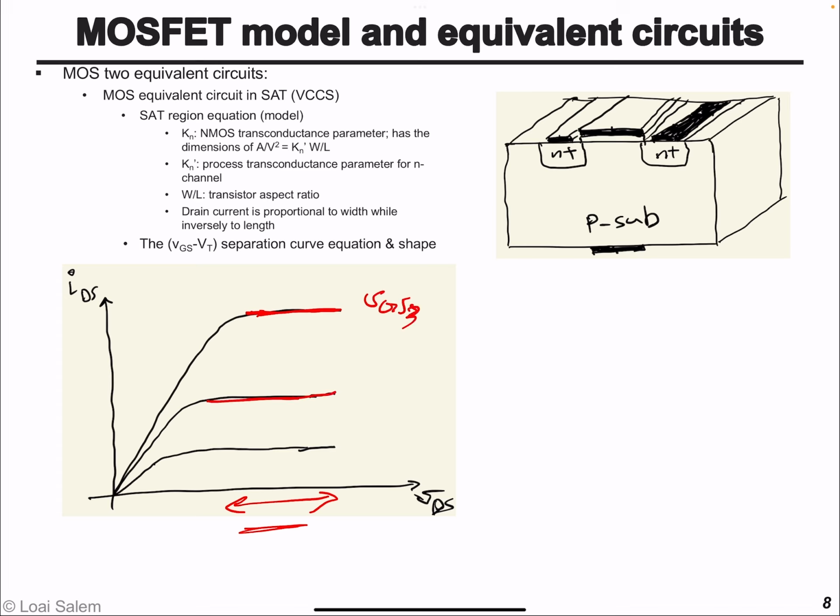And here at VGS2, for all these VDS values, we find that the transistor current is constant. For VGS3, for all these values, the transistor current is constant as well. So the element that provides a constant current despite changes in the voltage across its terminals is basically a current source.